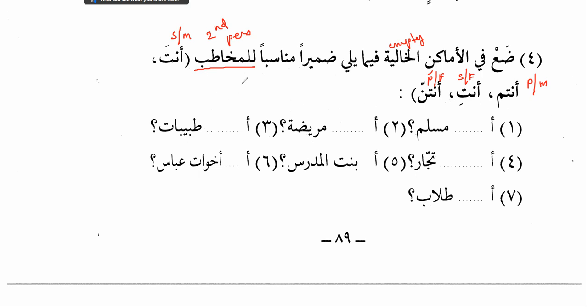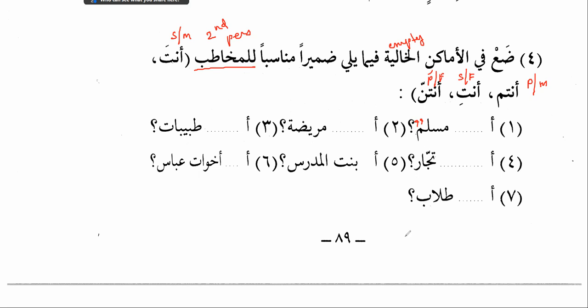So how are you going to decide which pronoun you need to put in front of these nouns? By seeing the noun, is it singular or plural? If it is singular, you will use the single pronoun, and if it is plural, you will use the plural pronoun. So a dash muslimun, it's a question. Muslim is single, and the gender is male.